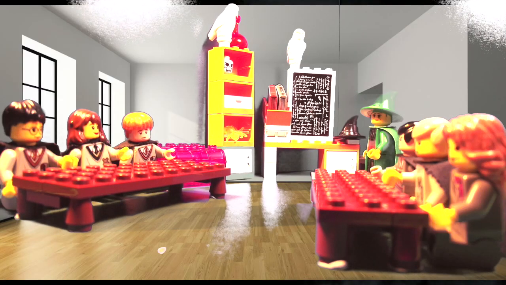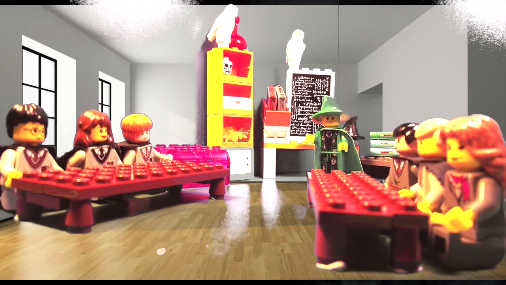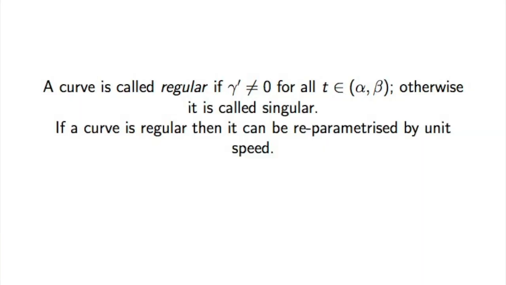Welcome to your first class. I'm Professor McGonagall and we're going to be talking about plane curves. We will call a curve regular if gamma prime is not equal to 0 for all t in the open interval on the real line. If this is not the case, we will call the curve singular. If a curve is regular, then it is possible to reparameterize it by unit speed.